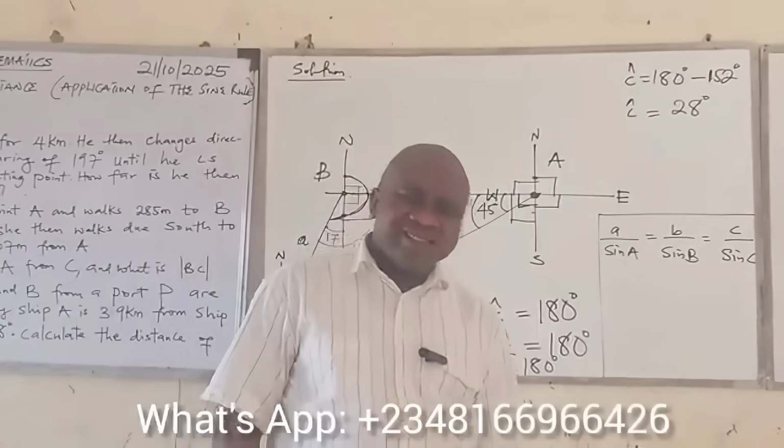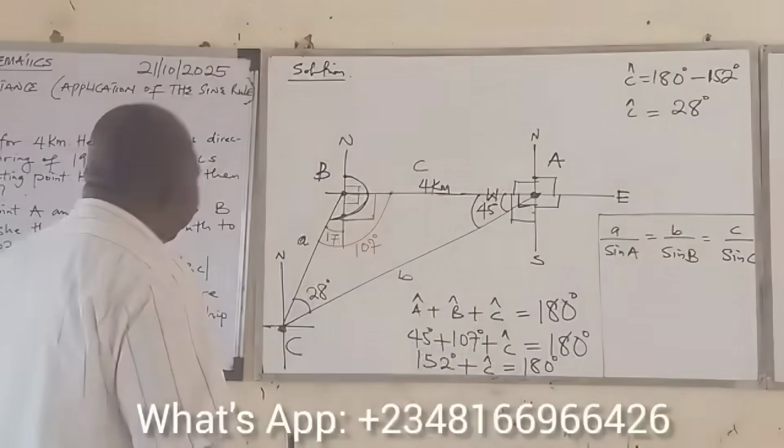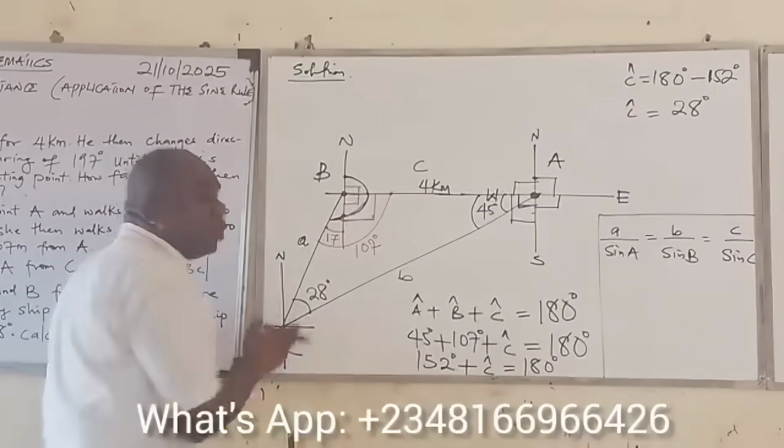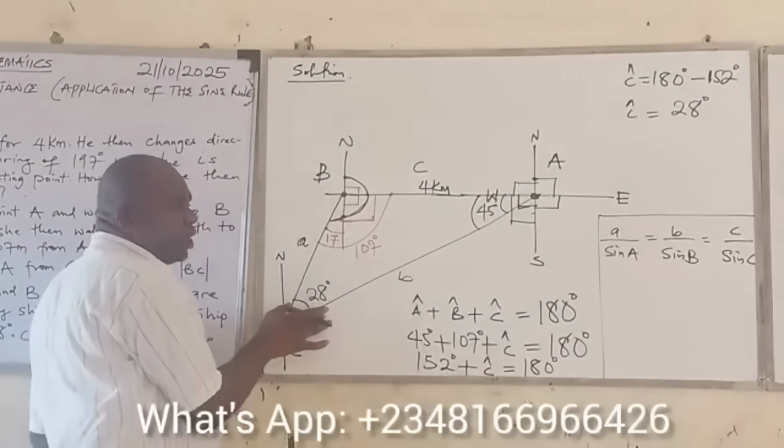I remember I told us in my last class that the first thing to look at is the side and the angle. Now if you look at this, we know side small c and we know big C. So that's where you're starting from.